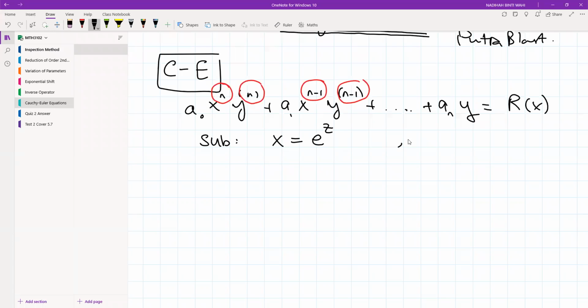In some places they let y equal x to the power of r, which is also possible, but that does not remove the natural log, it becomes something else. It's possible, but to make it easier, we use e exponential of z. So dx/dz equals e to the z, and inverting it, dz/dx is e to the minus z, which is just 1 over x.